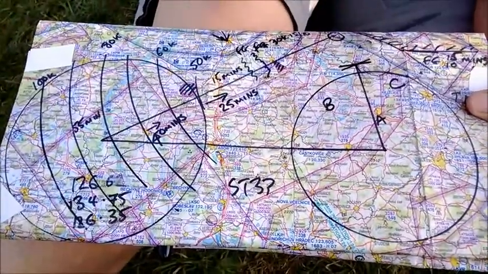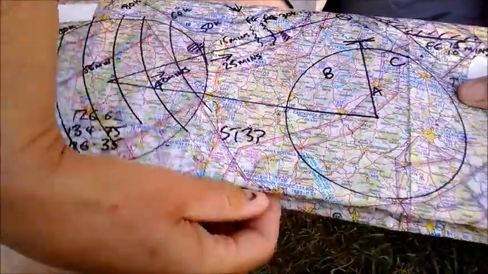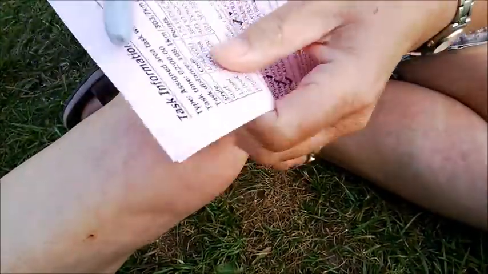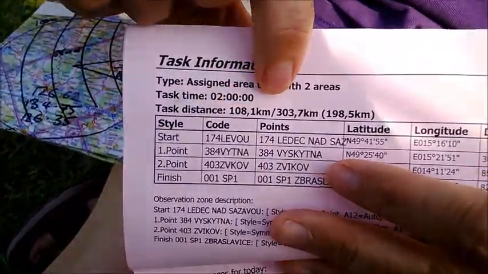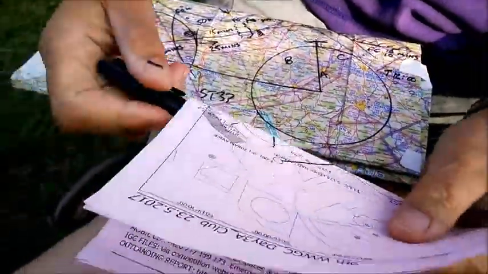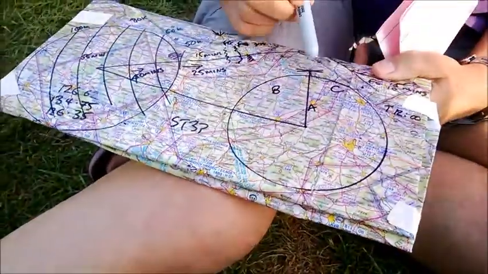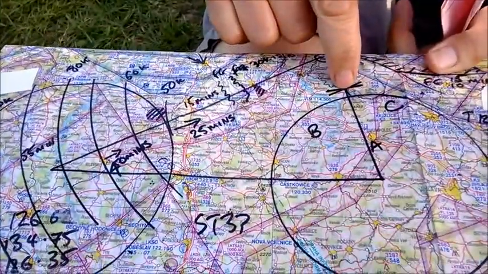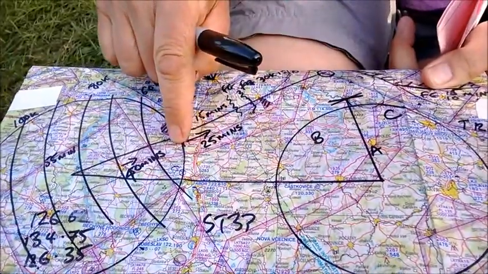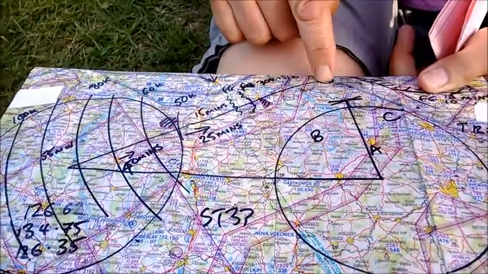Now the minimum distance here was, I think, 101, and the maximum distance was 300. If you went from the start line, clipped that, and came home, that was 108k.